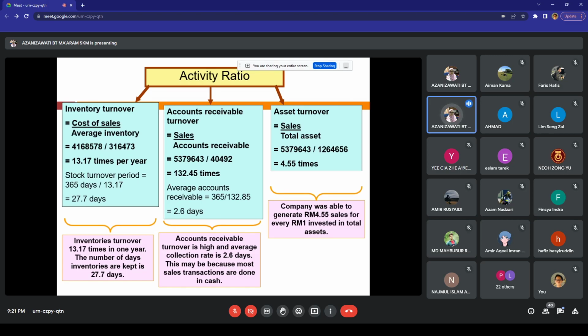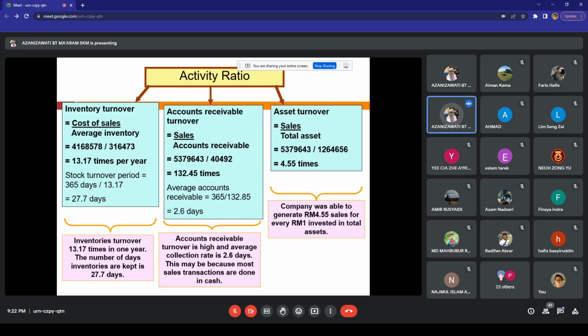So this may be because most sales transactions are done in cash. Okay, 2.6 days. And asset turnover, company was able to generate 4 ringgit 55 cents sales for every 1 ringgit invested in total asset.